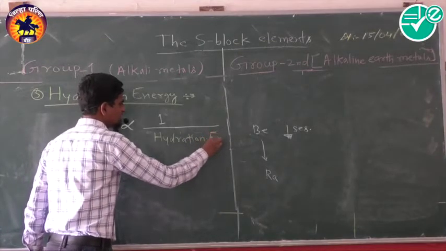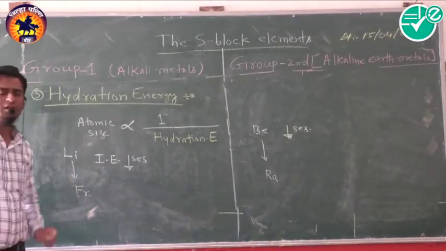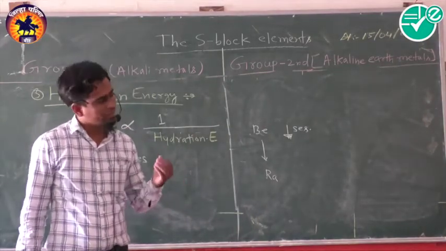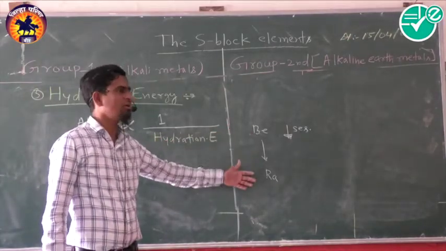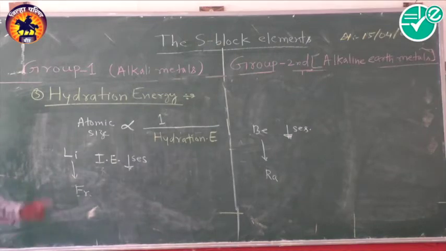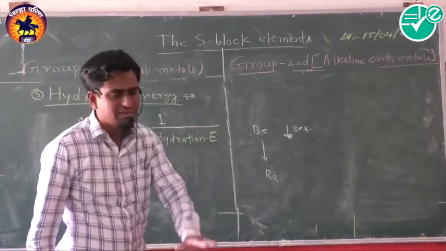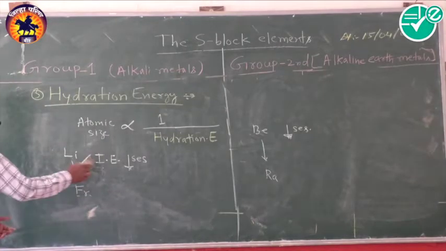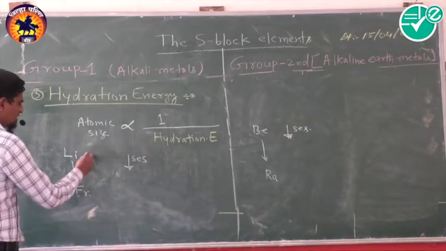If you remember the relation between atomic size and hydration energy, you are able to determine the relation. Beryllium to radium, top to bottom, or left to right: atomic size increases, hydration energy decreases. So here again, hydration energy is going to decrease.